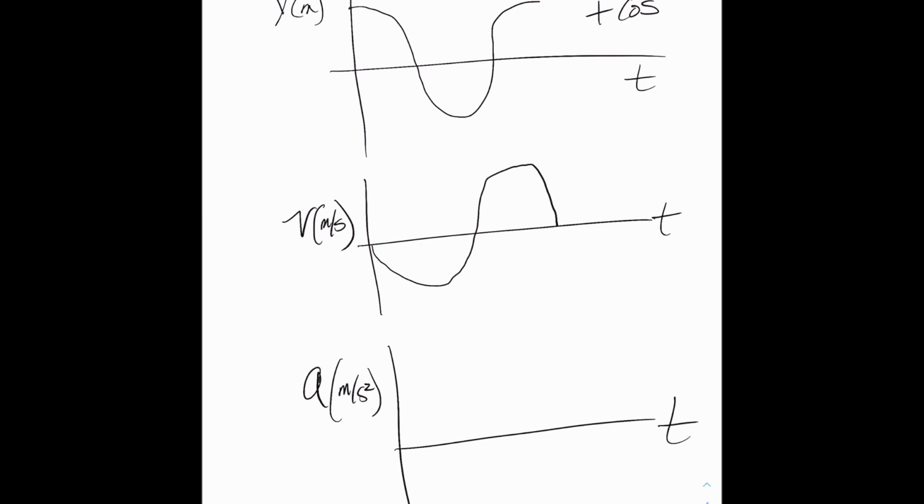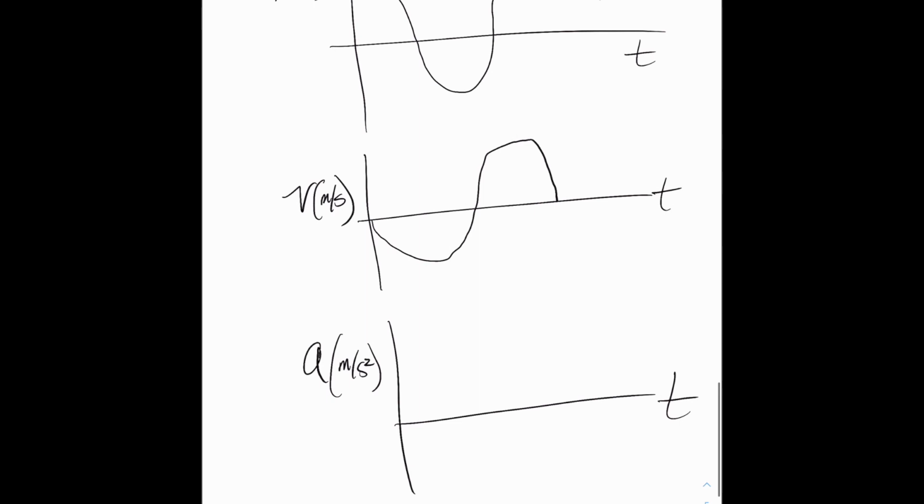But anyways, coming back to this, the last one here would be the position function inverted, which would be a negative cosine wave at the bottom. So something like that.